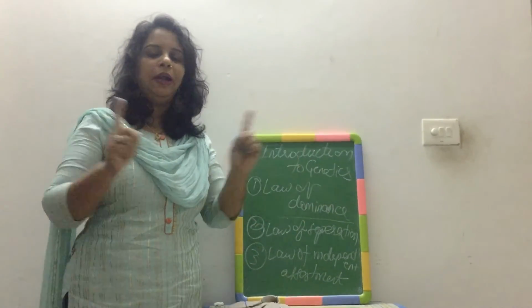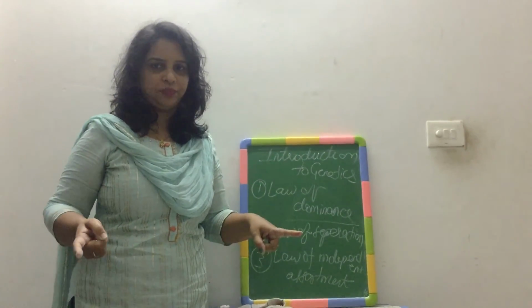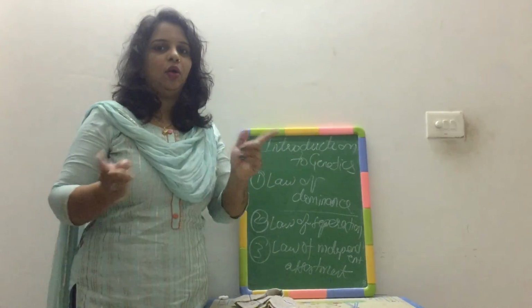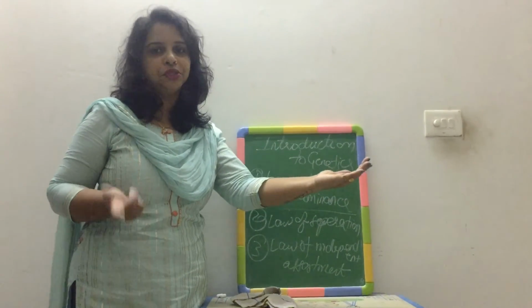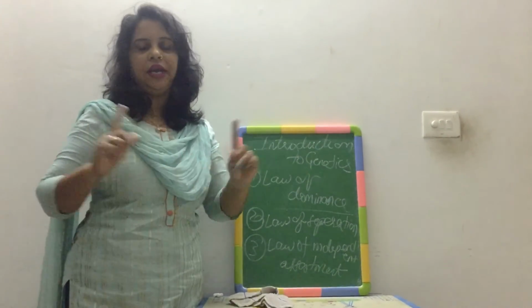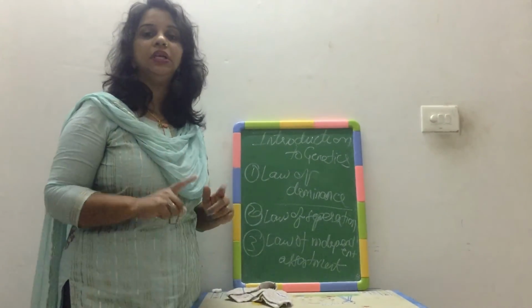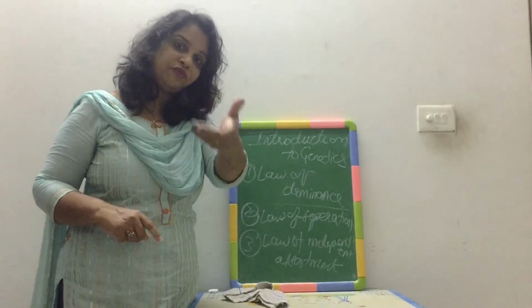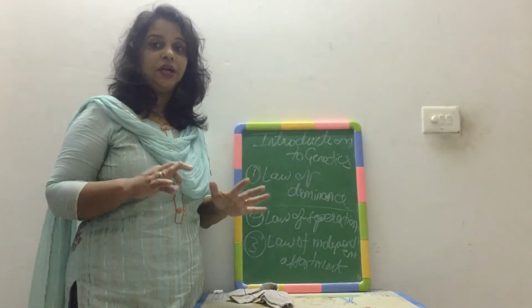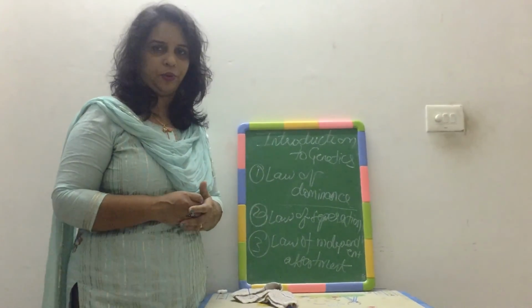So they are independent of each other. No one is dependent on the other. That means the distribution of one allele is independent of the other. So again, those are the 3 important laws which were put forward by the studies done by Mendel.